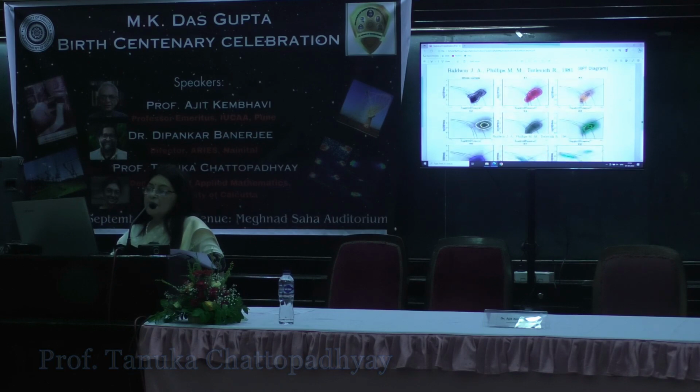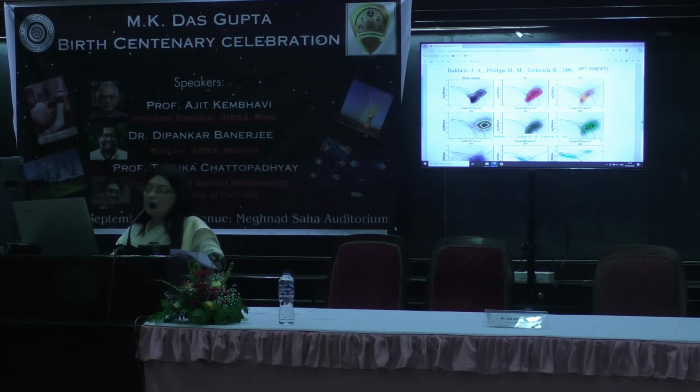So another diagram we have used, which is very physically important, is the Baldwin-Phillips-Terlevich diagram. These are the cuts of different emission line ratios, and on the left hand side it shows the starburst galaxies, right hand top it shows the Seyfert galaxies, and right hand down it shows the LINERs. But this galaxy classification is not so simple.